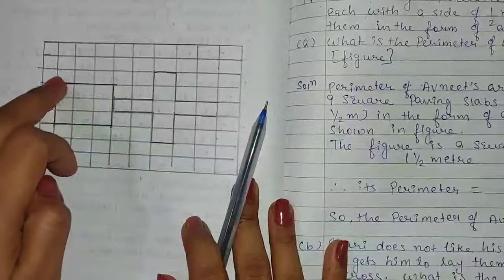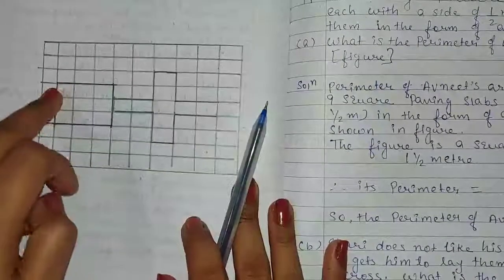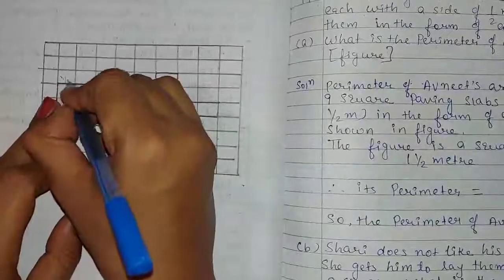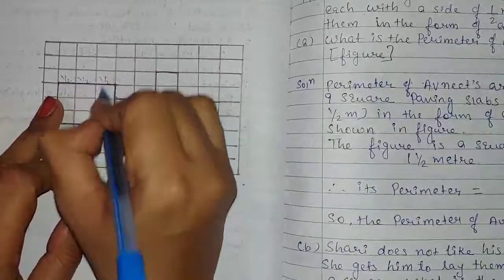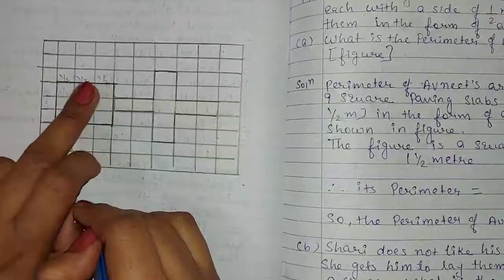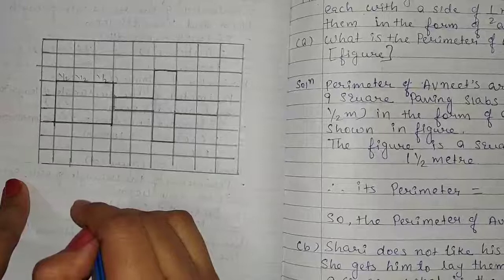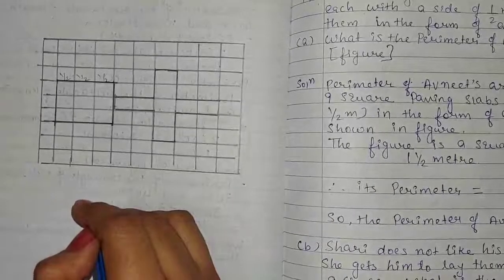This one box is half meter. So let us find the perimeter of the square. If one box is half, then half plus half plus half is 1 and half. So 1 and half would be one side of the square.